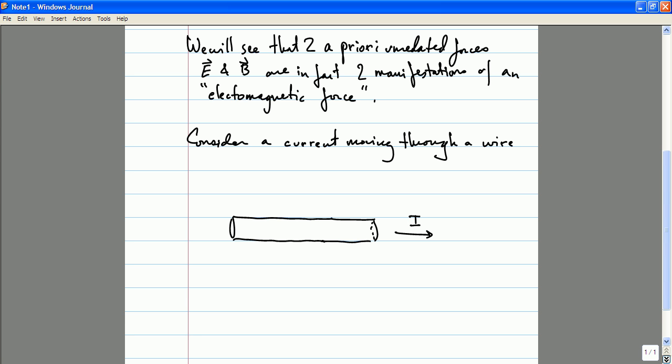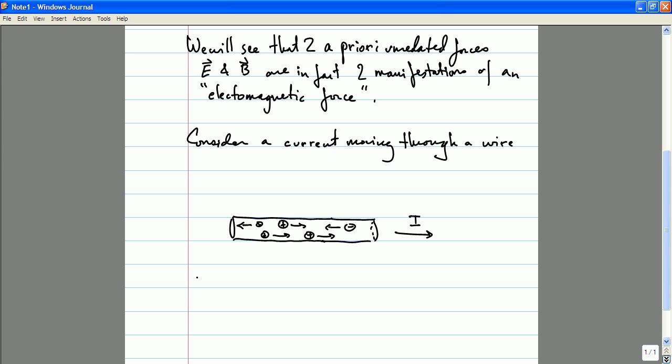So if I have, as I have drawn here, a current that is moving to the right, that means that all of the positively charged particles inside this wire are moving to the right with some velocity, and all of the negatively charged particles are moving to the left with some velocity.